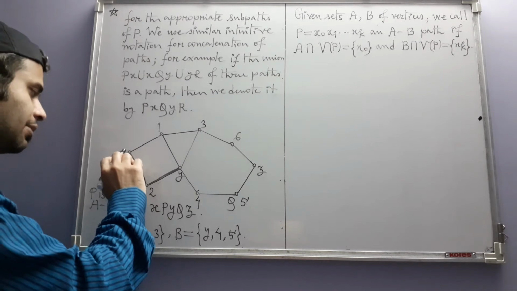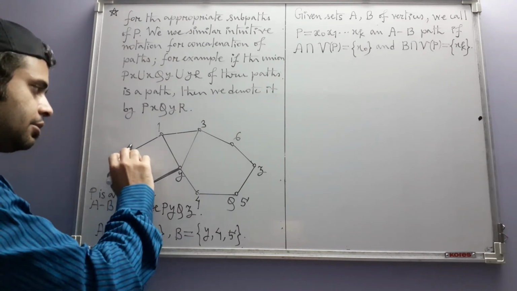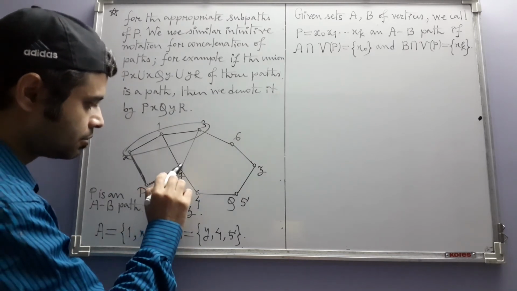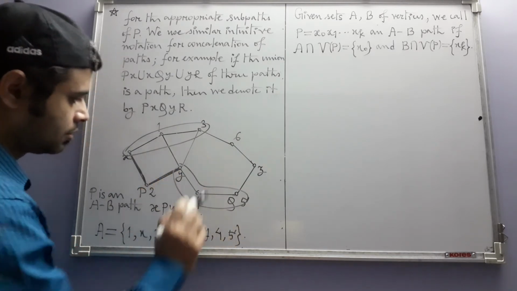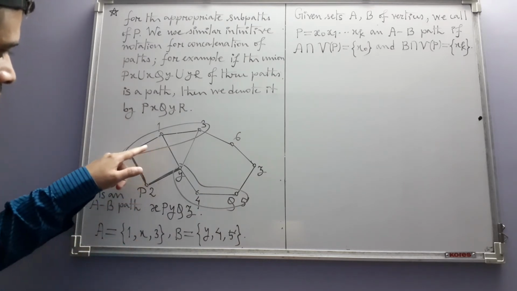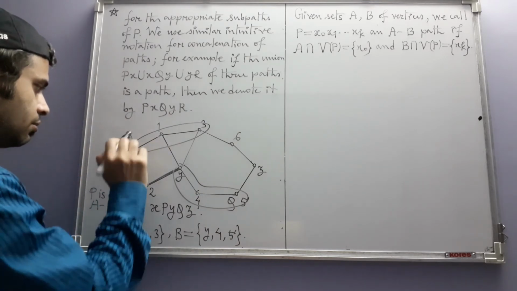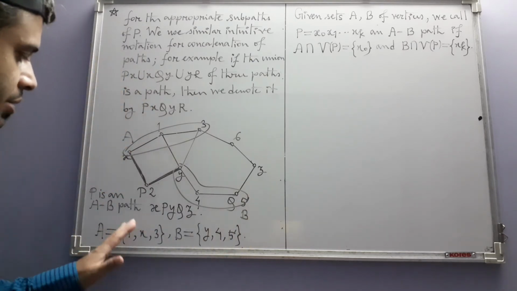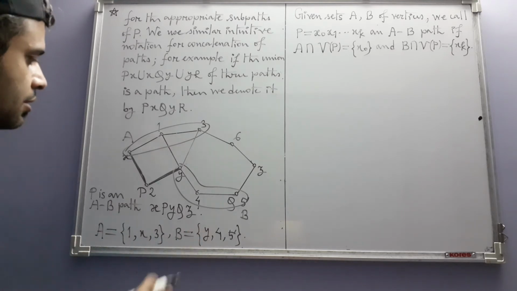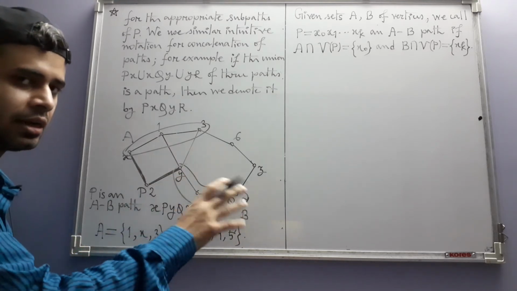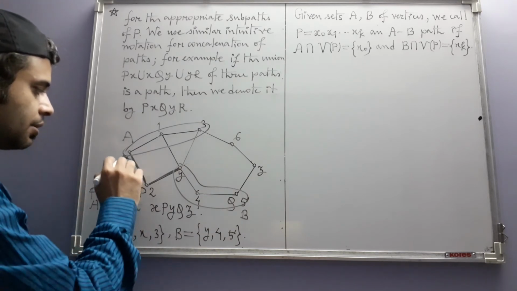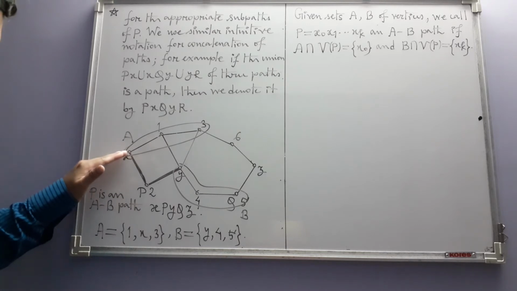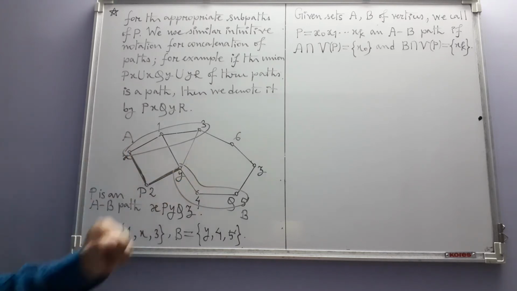So this is our A, {1, x, 3}, and this is our B. Keep in mind that A and B are not graphs. A and B are sets of vertices, but of course on the graph they can be identified like this. Then the path is an AB path: it starts from A and it ends in B somewhere.